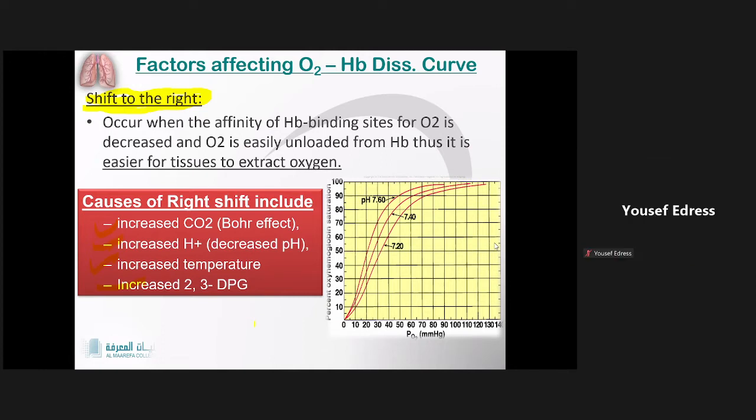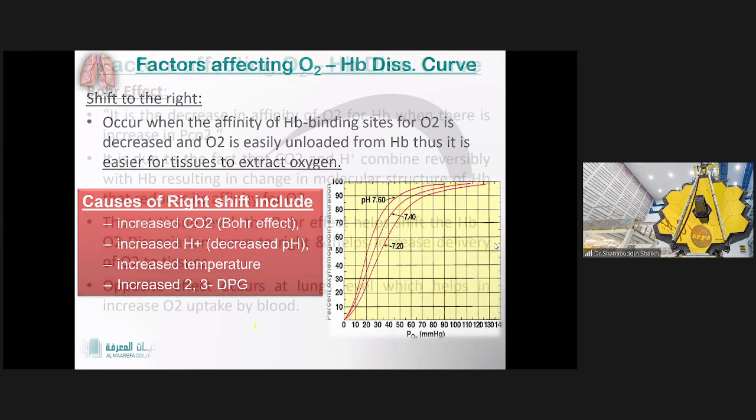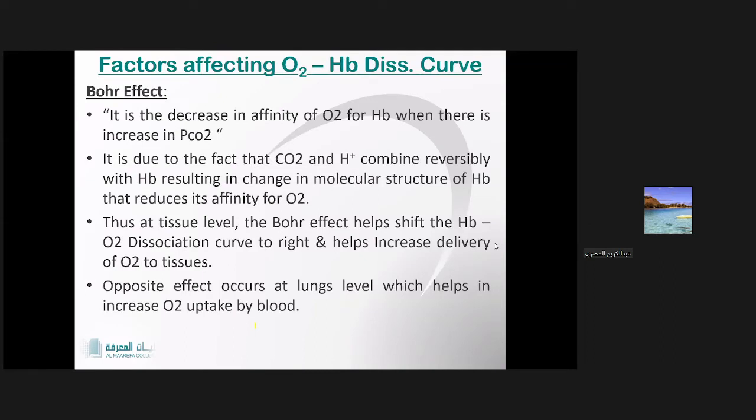Okay, let us go ahead. I have already told you everything about the Bohr effect and Haldane effect. You remember that in our lecture? I wrote something on the board about Bohr effect and Haldane effect.